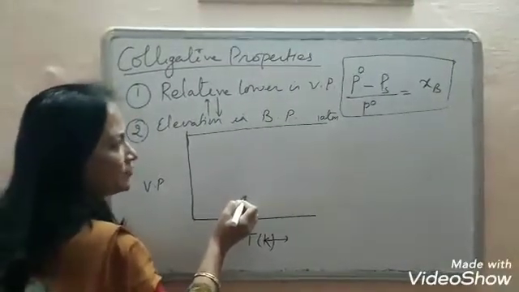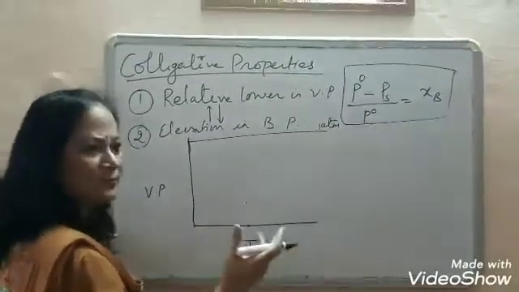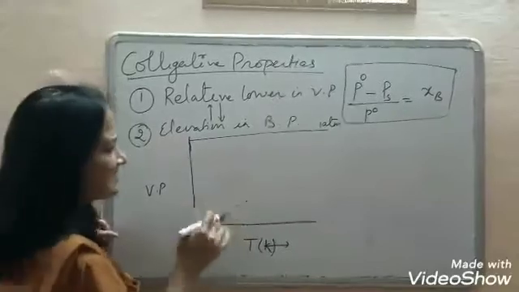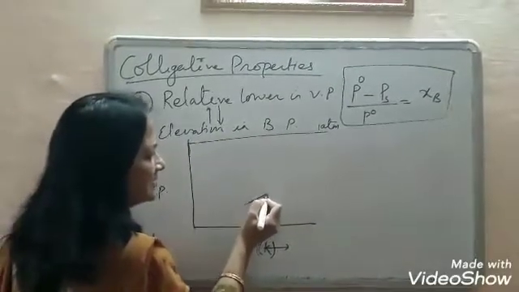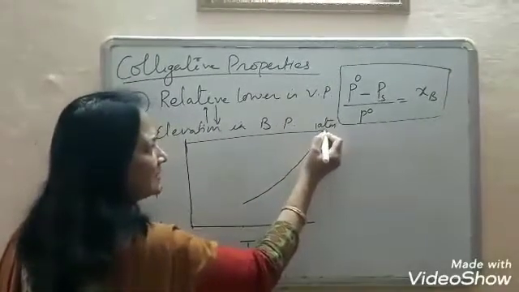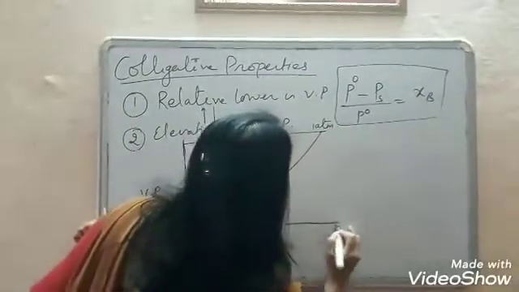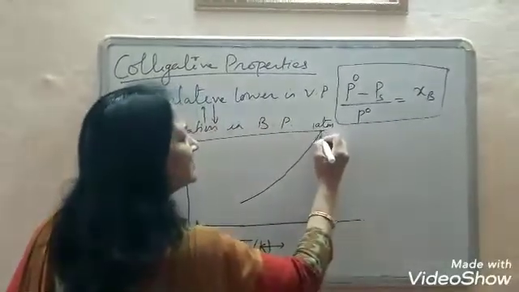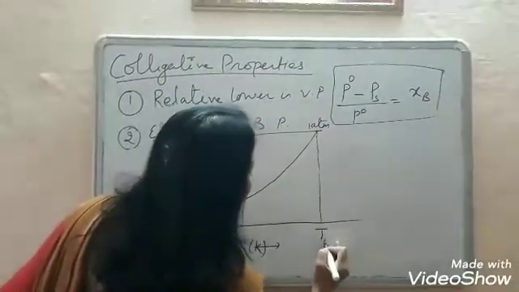The vapor pressure will increase, because more vapors will be generated and more pressure will be exerted. So as we increase temperature, the vapor pressure increases, and when the vapor pressure becomes equal to atmospheric pressure, that corresponding temperature is called the boiling temperature.